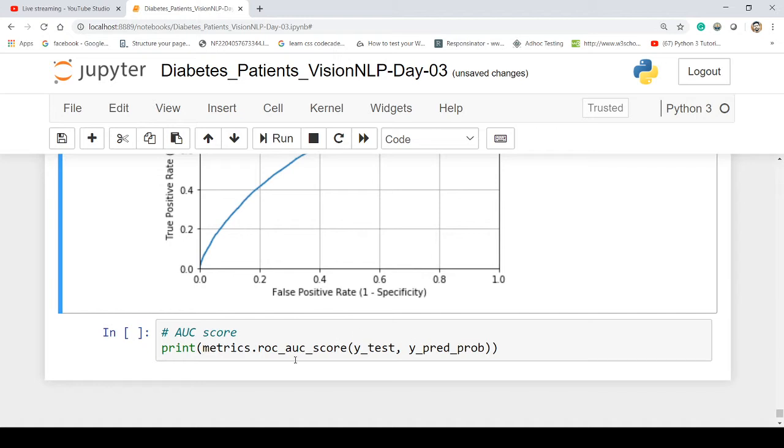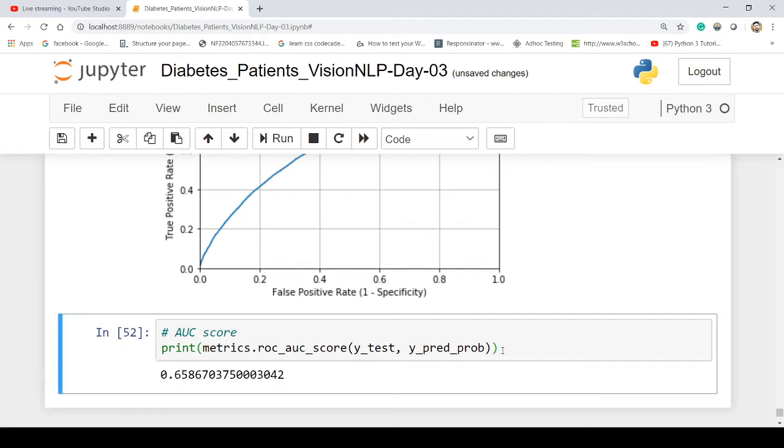Now you can also find the AUC score, the area under the curve. Print metrics.roc_auc_score, which is around 65%. If your model is good enough, then maybe you can reach around 85%, 90% or so. But yeah, this is all about logistic regression.